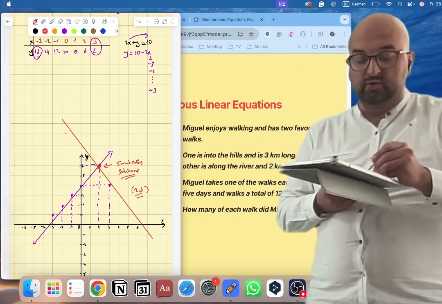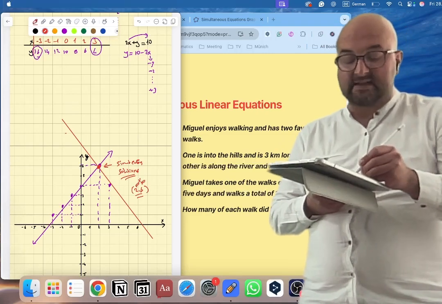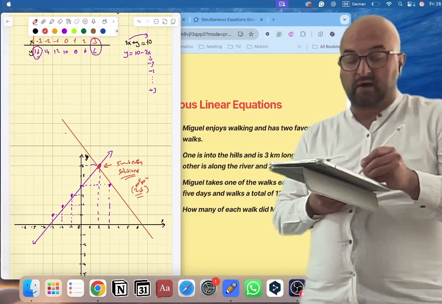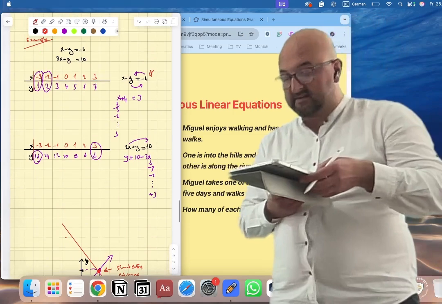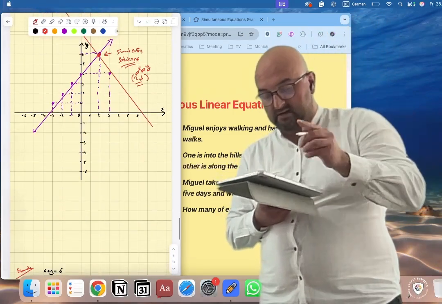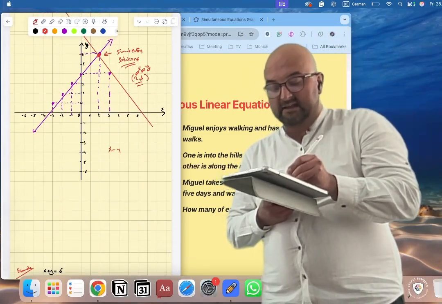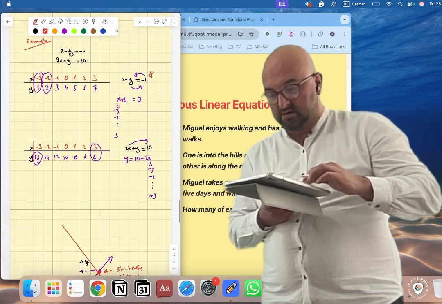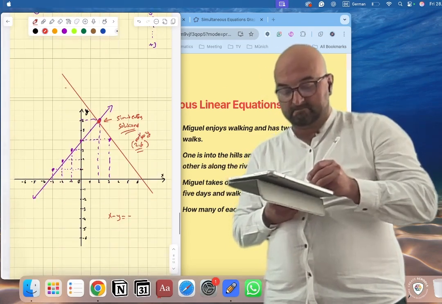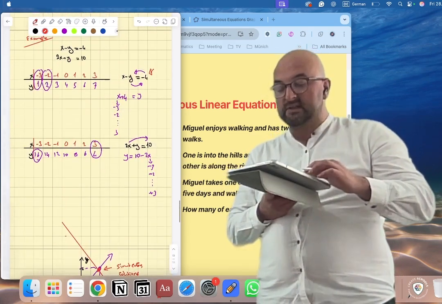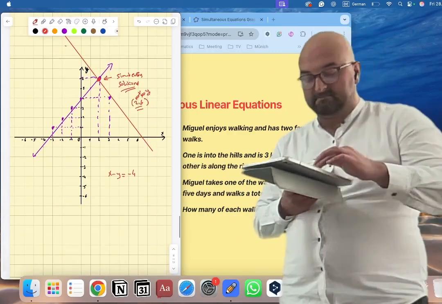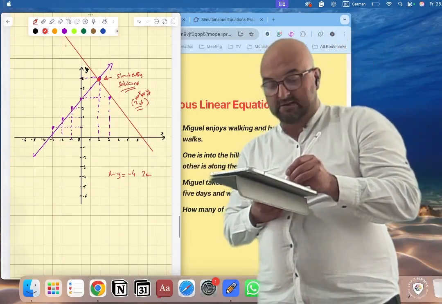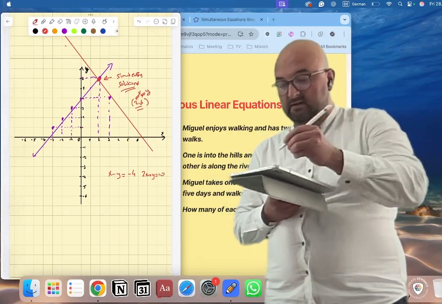Also, you can say the value for x is 2, the value for y is 6, and we have x minus y equals -4. The other equation is 2x plus y equals 10.